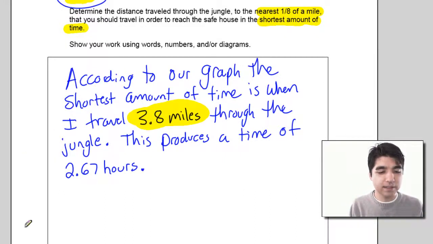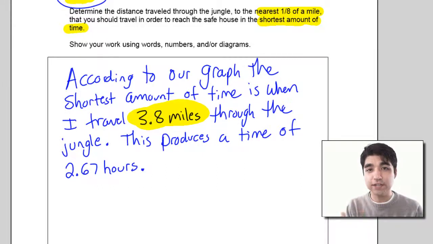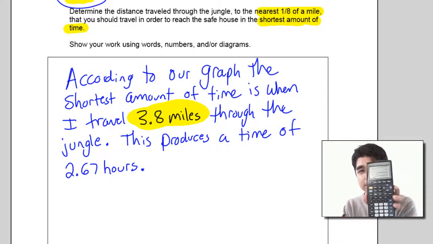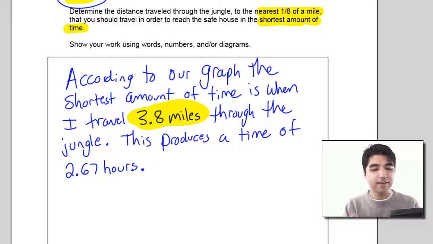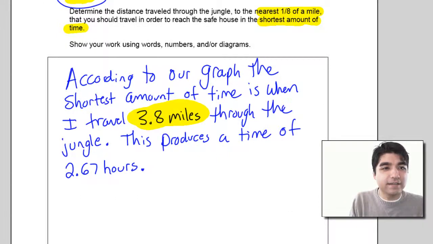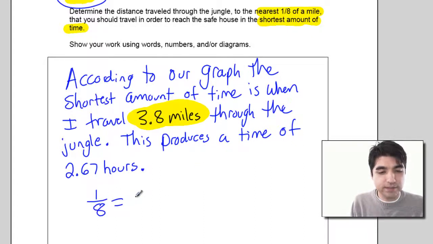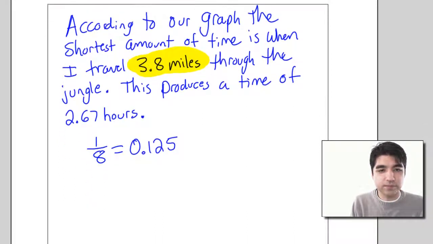So let's first figure out what 1/8 of a mile is. On your calculator, if you take 1 divided by 8, that produces 0.125. So we're going to take this value here and we're going to add 0.125 and subtract 0.125.